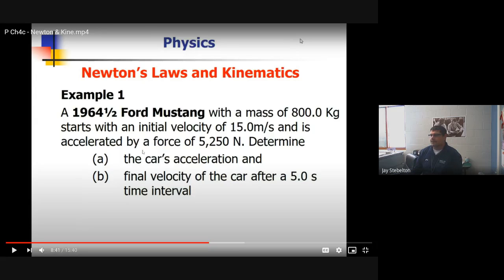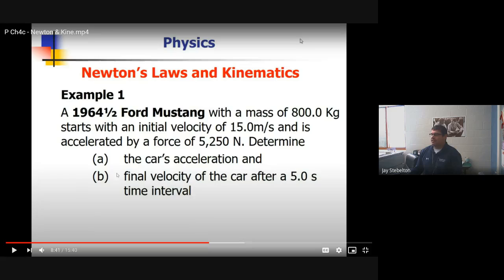So again, the first thing we're doing, and this seems like a pattern that we'll probably do for all of the problems, is finding the car's acceleration, and that's just force divided by mass. So if you plug that into a calculator, force divided by mass, you get an acceleration that starts with 6 something.